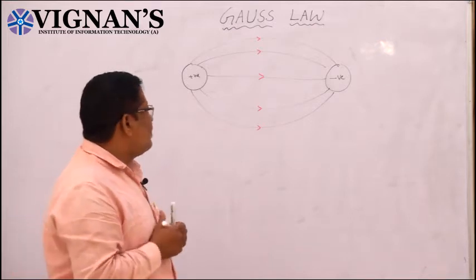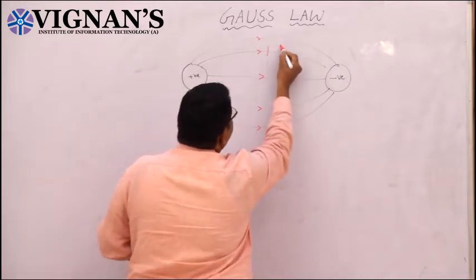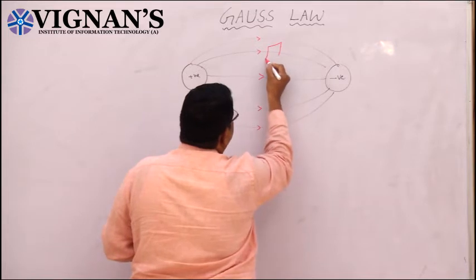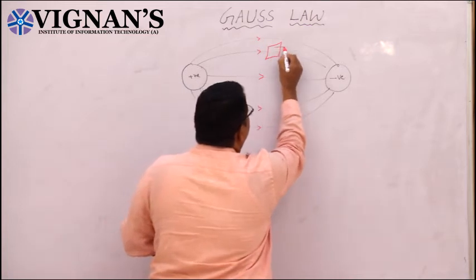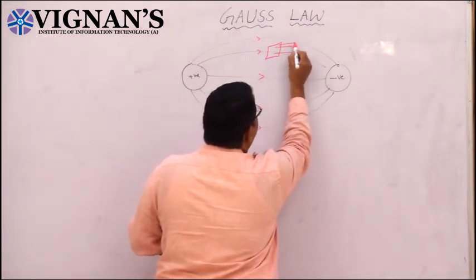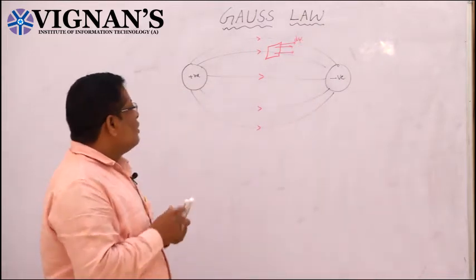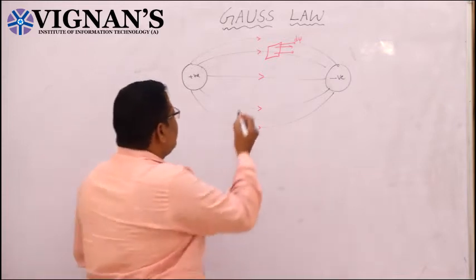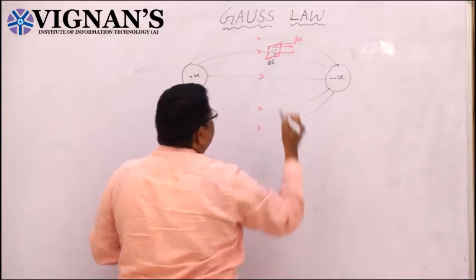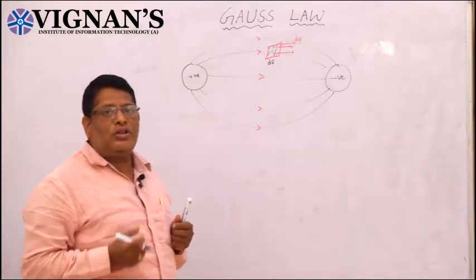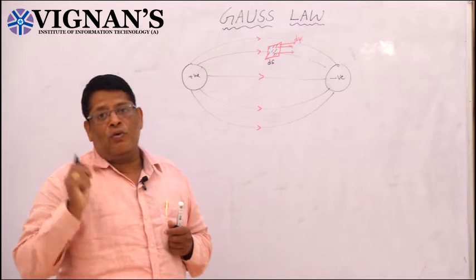To find the flux density here, we have taken a small surface area. This is the differential surface area, nothing but a small surface area. There is some amount of flux that passes through the differential surface area. That flux we have taken as d psi. This differential surface area we represent as dS. We already know that the differential surface area is a vector quantity.